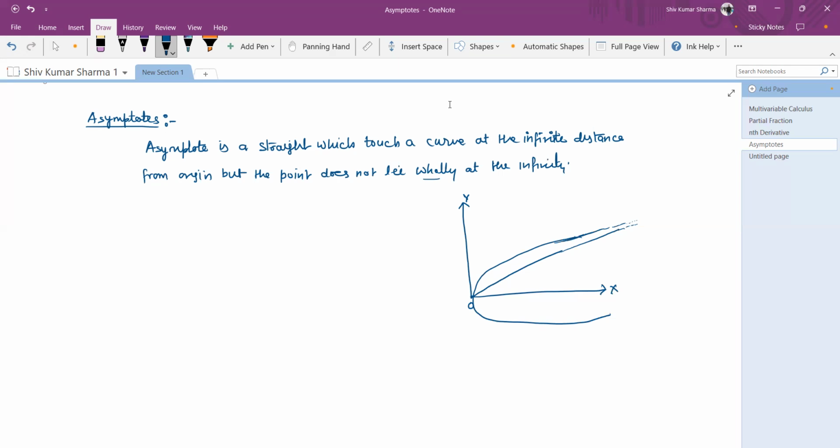We write the equation y is equal to mx plus c. So we represent the asymptotes by a line y equal to mx plus c. When we obtain the values of m and c, we see that both are finite.